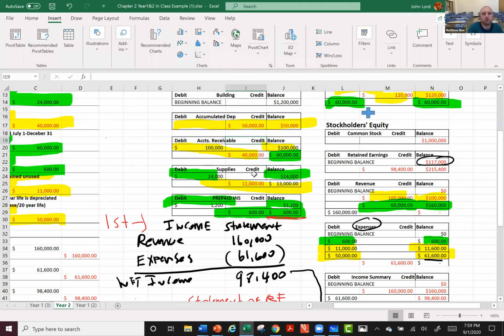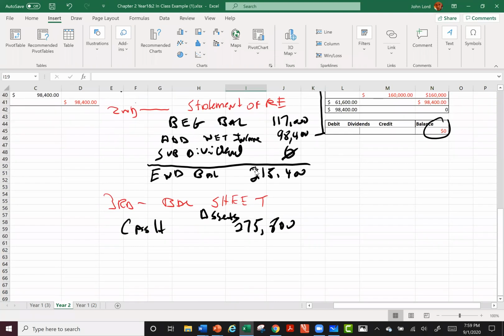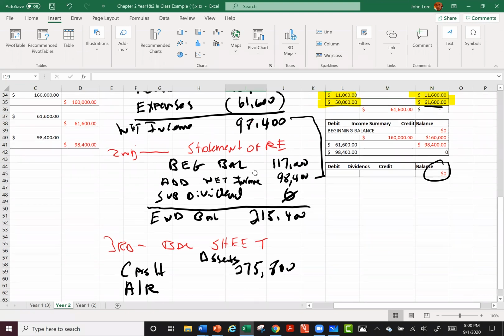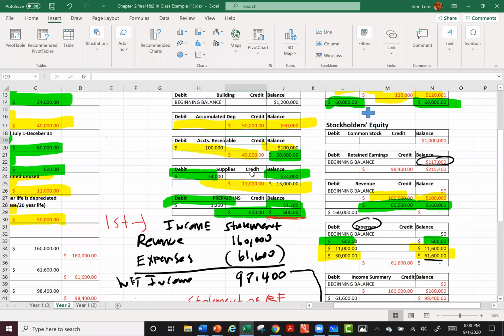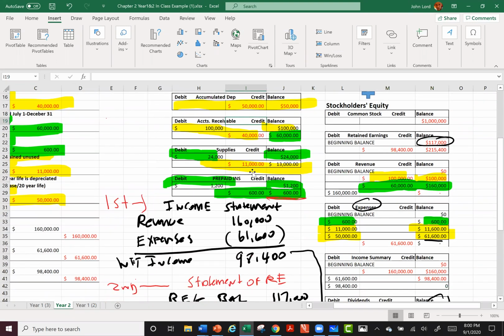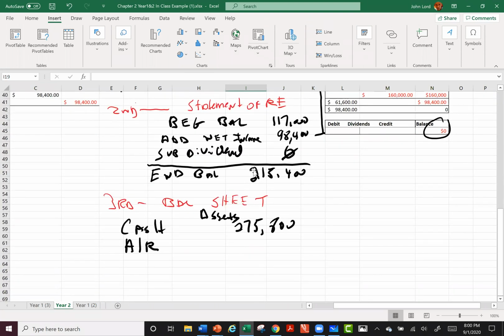Okay, that's going to be cash pretty soon, isn't it? In this class, we will abbreviate accounts receivable AR. So my accounts receivable was 60,000? Yes. Okay, good.